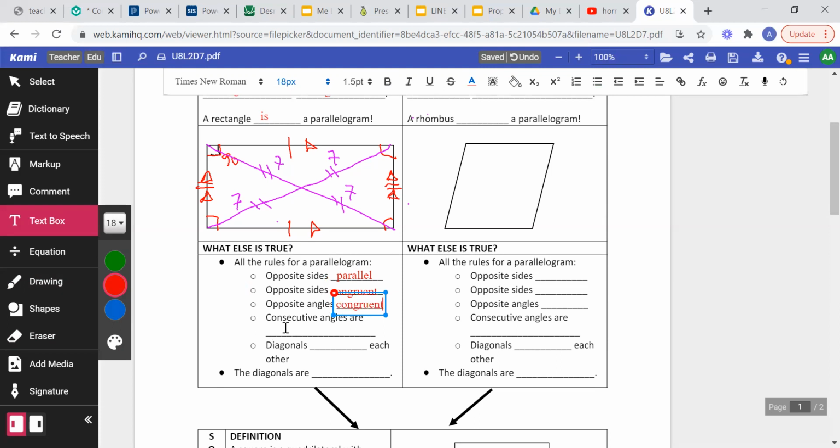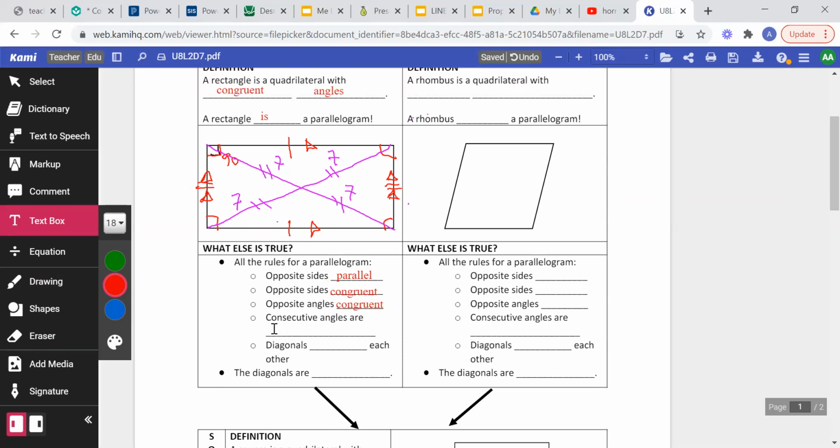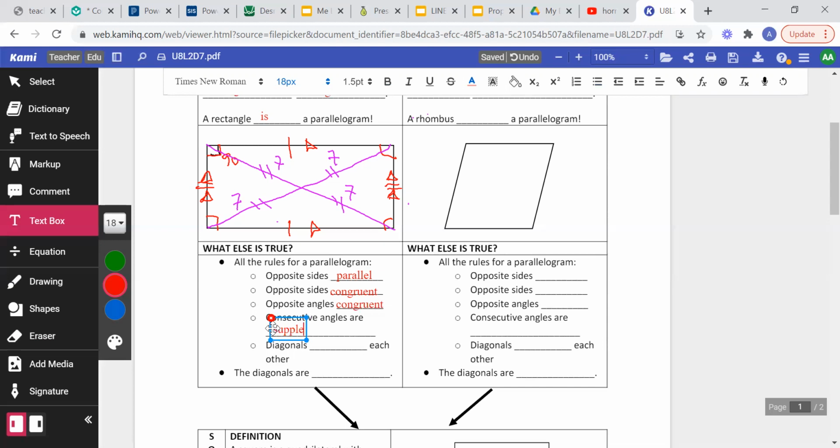And then the consecutive angles are supplementary because, if you take this upper angle at the left-hand side and the one at the lower side, when you do 90 plus 90, it makes 180. Okay, so consecutive angles are supplementary. And the diagonals also bisect each other.